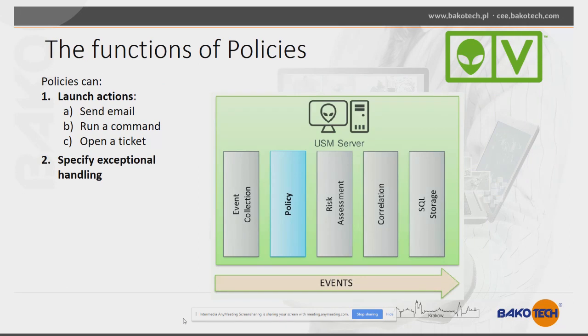As I've already mentioned, with any policy that we define in the AlienVault platform, an action can be associated. The action can be sending an email message, running a command, for example, a Linux bash script running on the AlienVault USM platform, or creating a ticket. But policies allow you to change the default event processing flow.